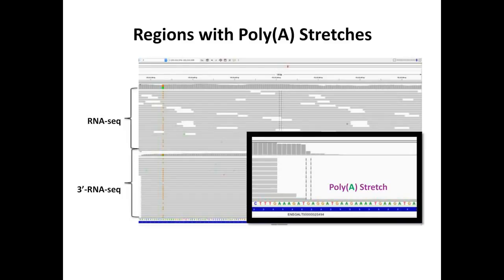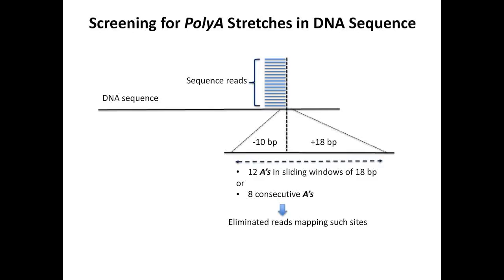The reason that we see the reads here is that upstream of this read, there is a poly-A stretch. So to fix this problem, we looked at all these transcripts. For example, when we found a location where our 3' RNA-seq data map, in this location, we consider the endpoint here.